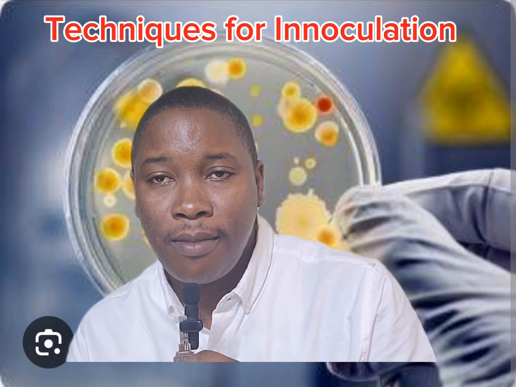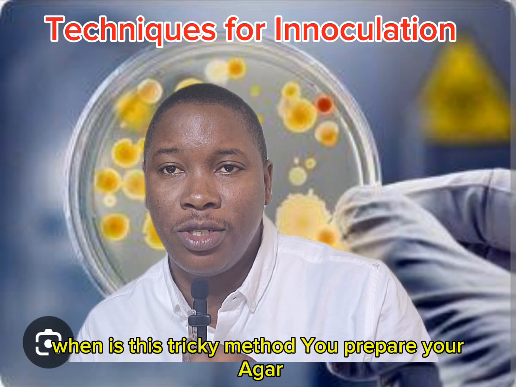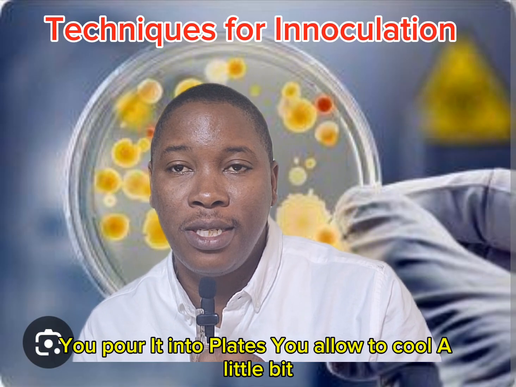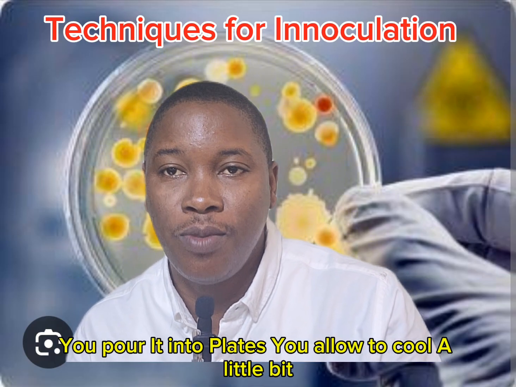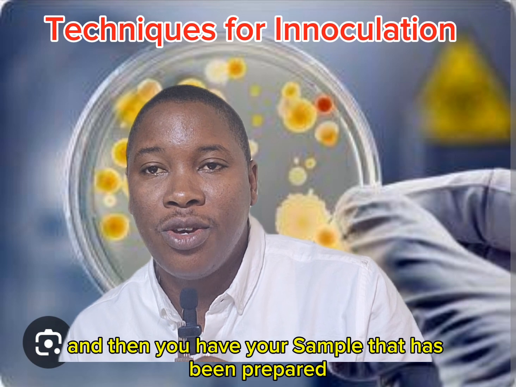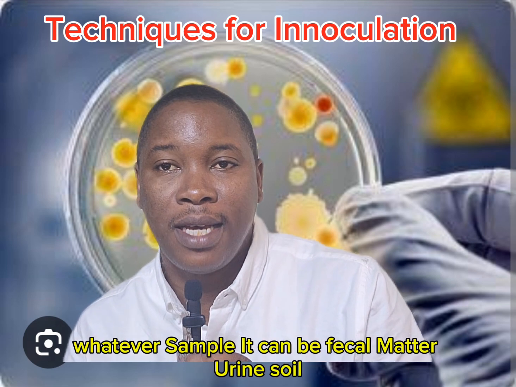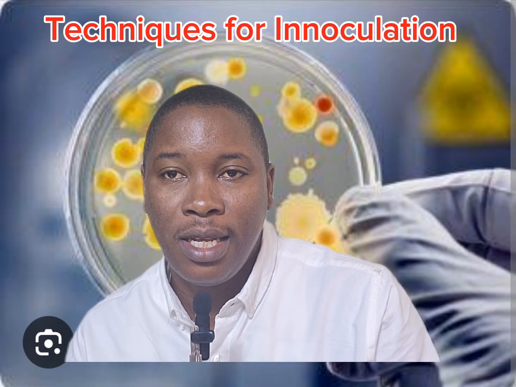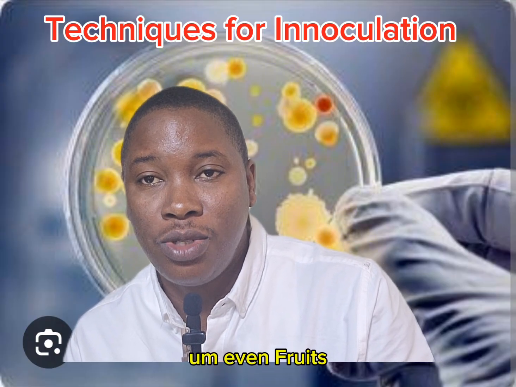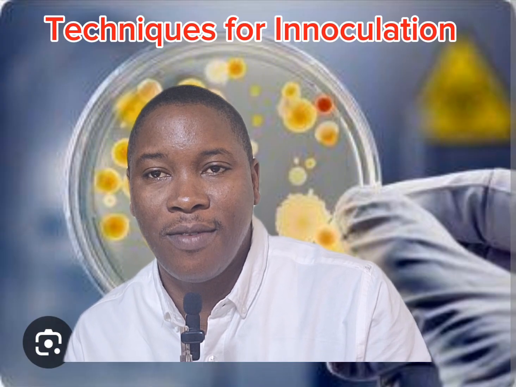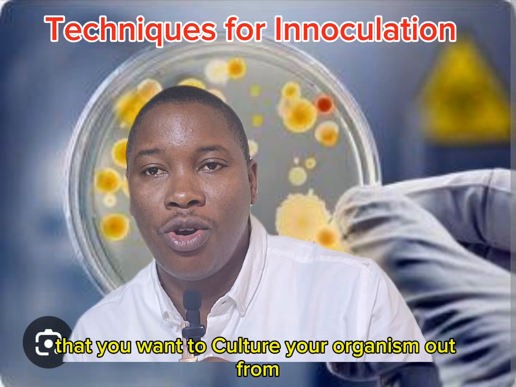When it's the streaking method, you prepare your agar, pour it into plates, and allow it to cool a little bit. Then you have your sample that has been prepared, whatever sample it can be: fecal matter, urine, soil, even fruits, chicken, whatever it is that you want to culture your organism out from.